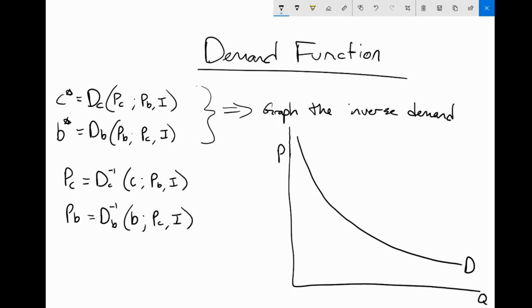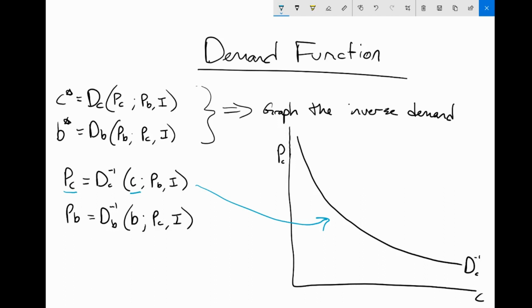So if I wanted to plot the demand for coffee, what I would actually be plotting is the inverse demand. So that's this function here. If I wanted to plot the demand curve, I plot the inverse demand curve. That is a function where price is the output and quantity of cups of coffee is the input or the variable.